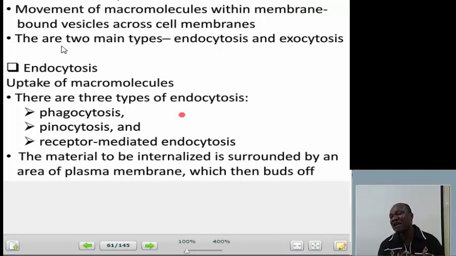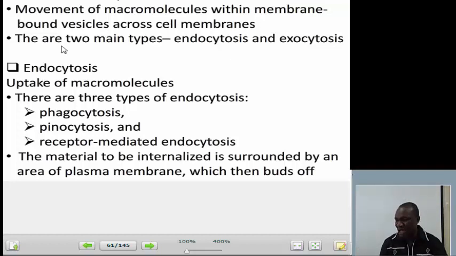Now, there are two types of vesicular transport. We have endocytosis and exocytosis. Now, endocytosis is the uptake of particles by the cell, meaning the particles which are to the exterior of the cell will be taken up by the cell.